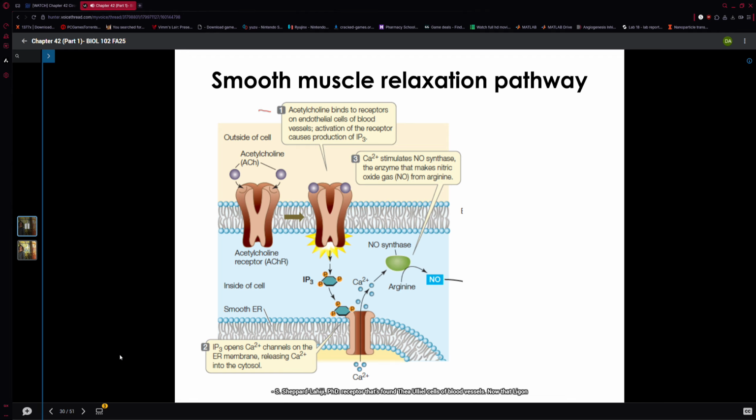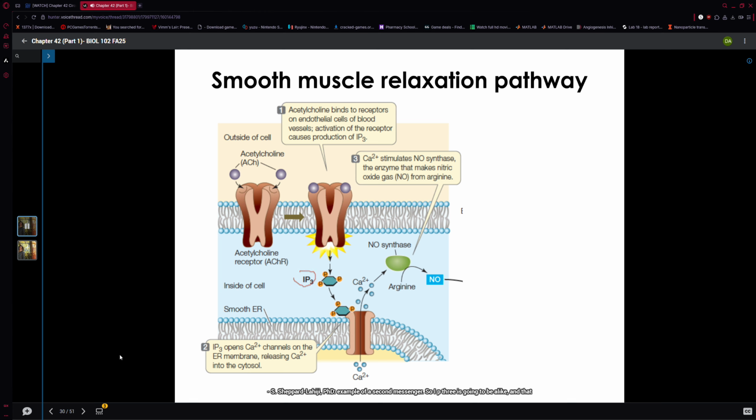That ligand serves as our primary messenger, and as a result of that binding event, it's going to activate the receptor, and that's going to result in production of IP3. Now, IP3, we know from the cell communication chapter, is an example of a second messenger.